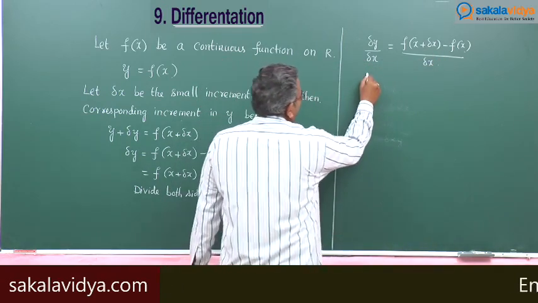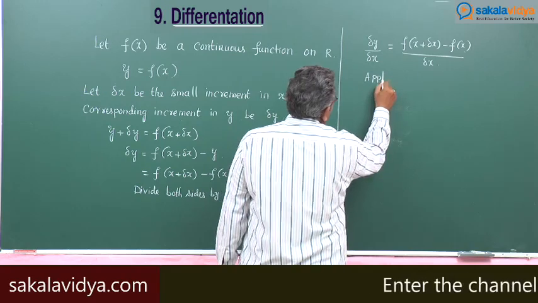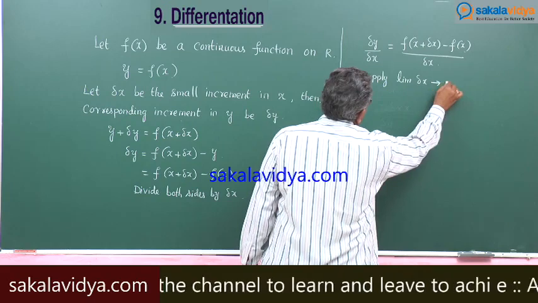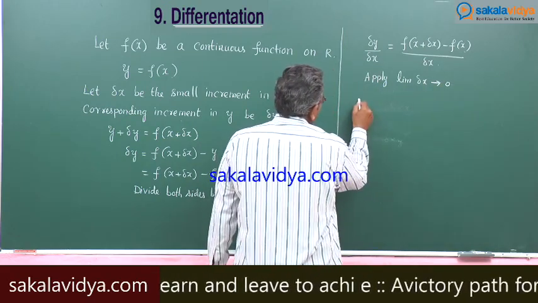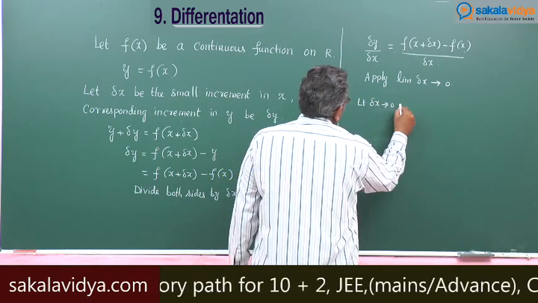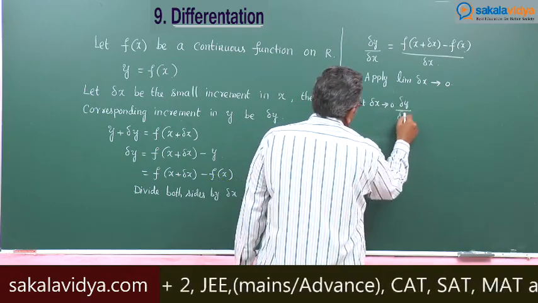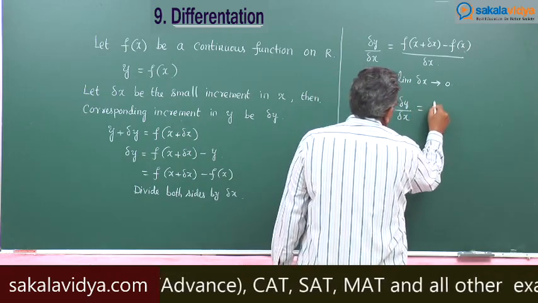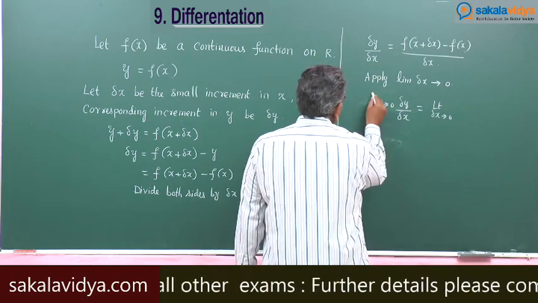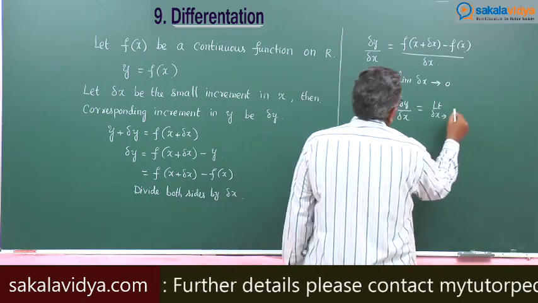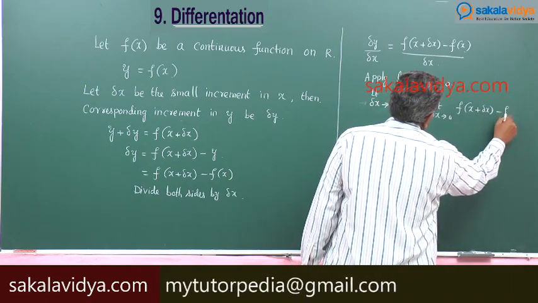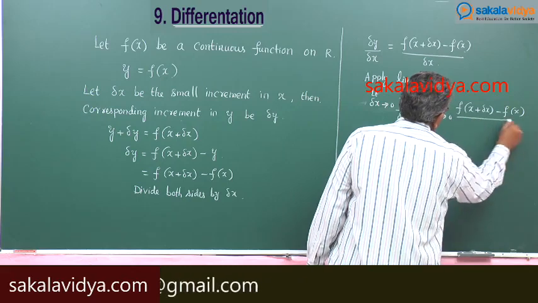Now, apply the limit delta x tends to 0. So, limit delta x tends to 0 of delta y by delta x equals limit delta x tends to 0 of f of x plus delta x minus f of x, divided by delta x.